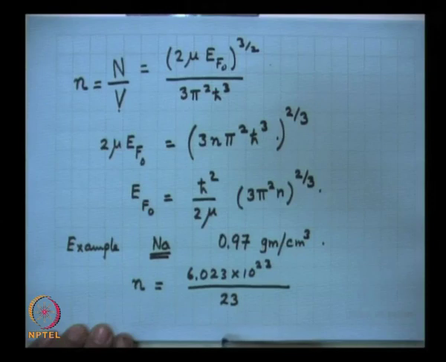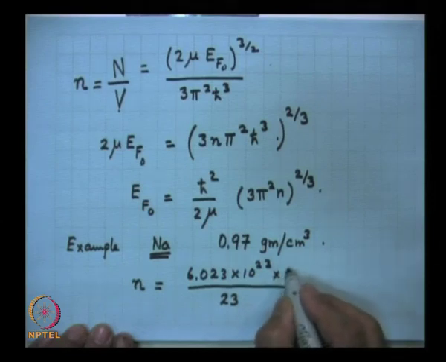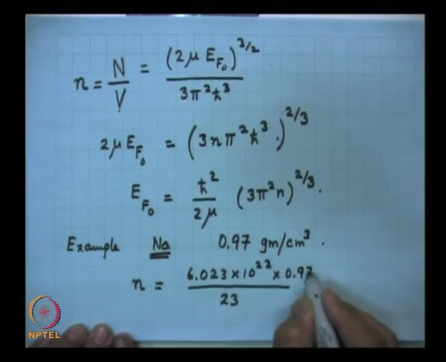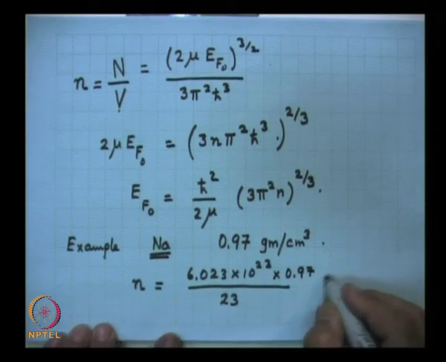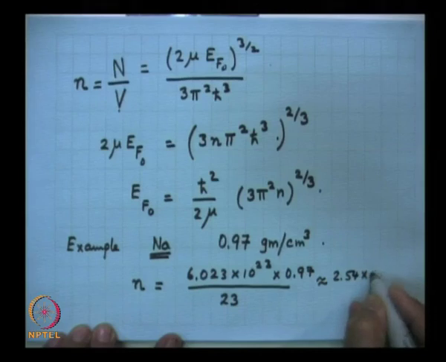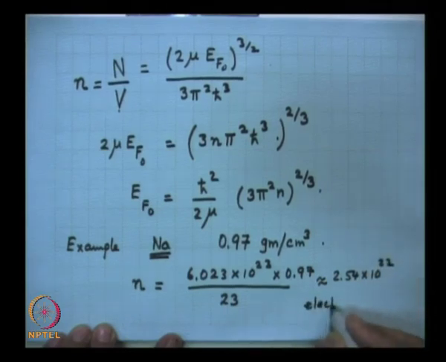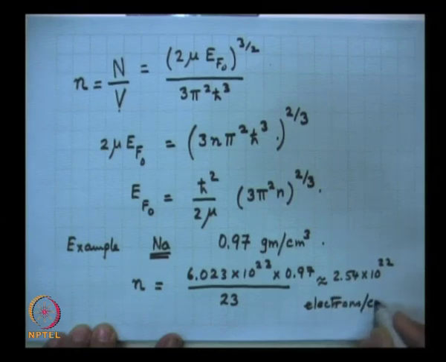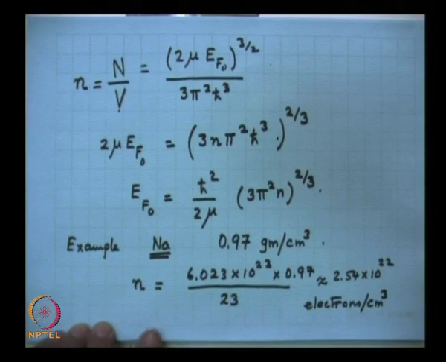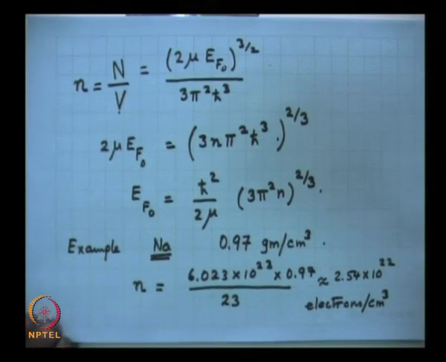This is the atomic weight multiplied by the density. Then you will get approximately 2.54 into 10 to the power of 22 electrons per centimeter cubed. We are using here the CGS system of units.